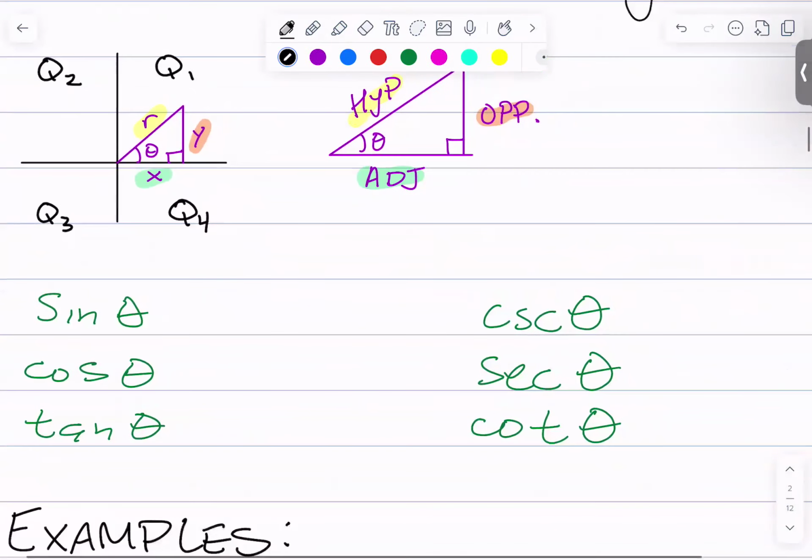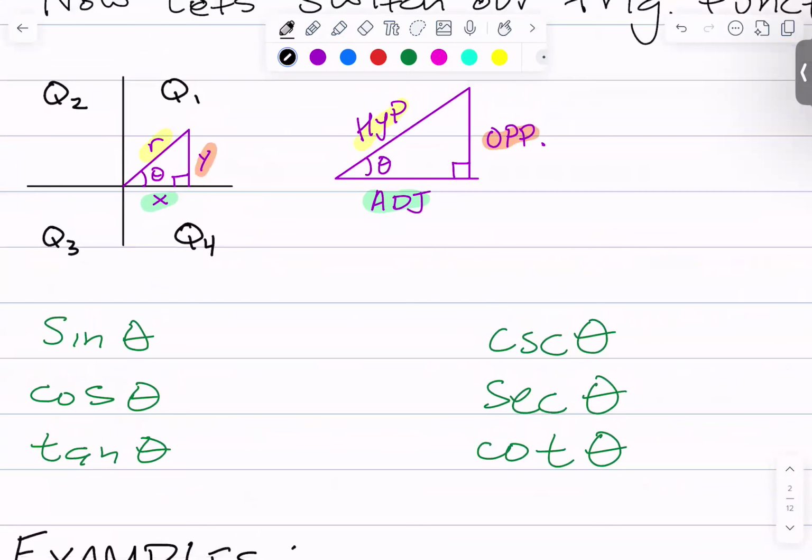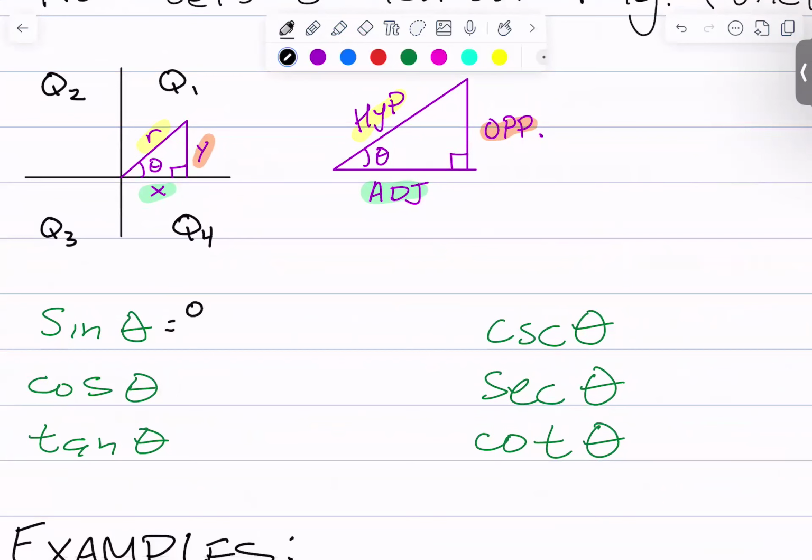So if I get my 6 trig functions, sine is going to equal opposite over hypotenuse, but now it's going to be y over r, right? Cosine, which is adjacent over hypotenuse, is now going to be x over r. Tangent, which is opposite over adjacent, is y over x.